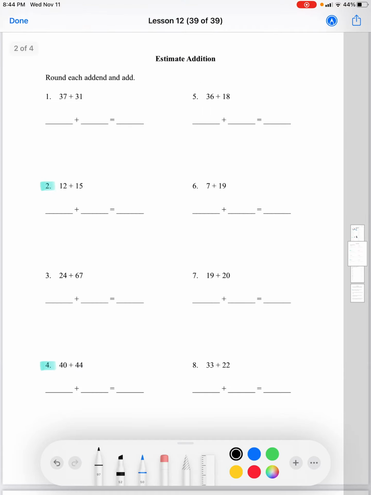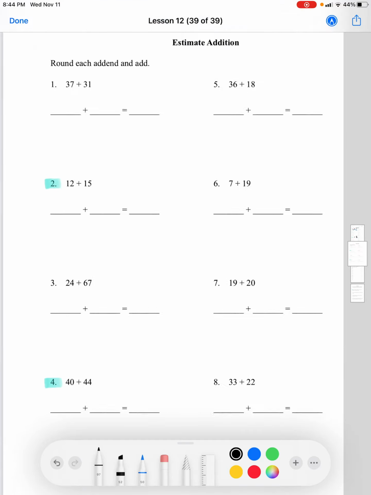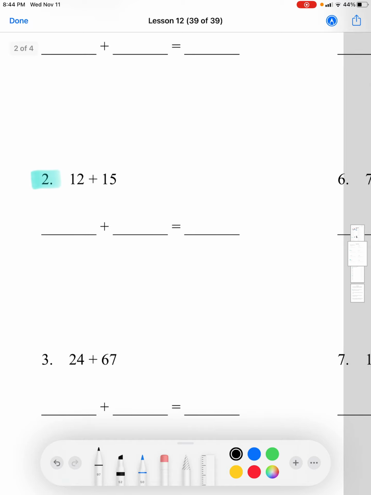Now we'll move on to estimate addition. So our first example, which is number 2, we have 12 plus 15. So what we're going to do is take these two numbers and estimate them, round them up or down to the nearest 10. So if we have a number line right here, we have 20 here, and then 10 here.